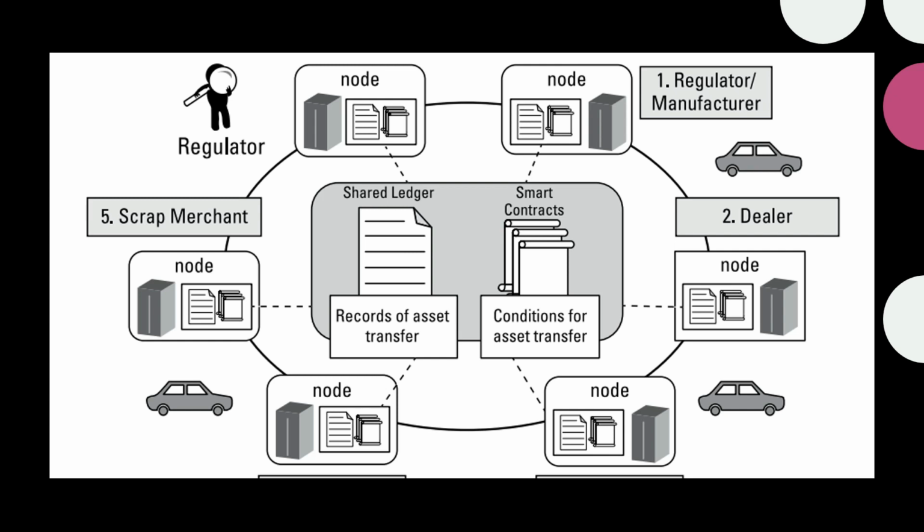It will give the entire history of change of ownership. And everybody, whether it is a scrap merchant, a dealer, a lessee, anybody, everybody is a peer in that network and they are committing their transactions into this shared ledger. That is how blockchain works. So it is very secure, it is easy, it is maintainable, it stores the entire history.